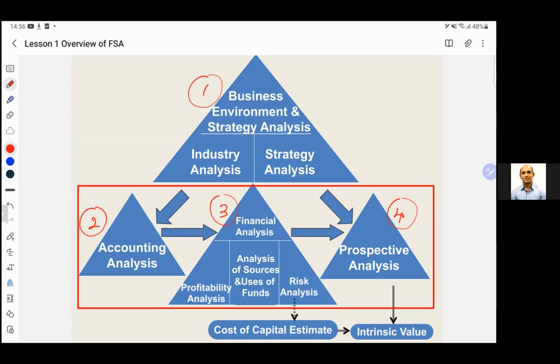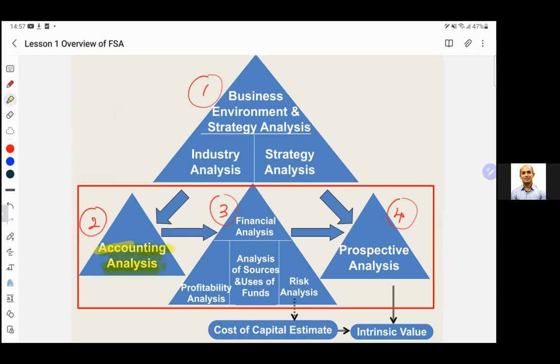We are going to study how to do forecasting. So you see the process. Today onwards, for 2 or 3 weeks, we are going to study this accounting analysis.